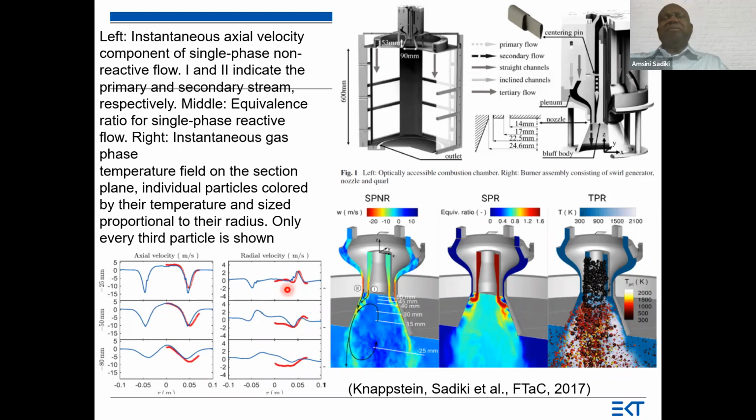They could not measure the particle velocity, but here we have only the velocity of the fluid flow. And we compare them, and it was very convincing that everything is right.